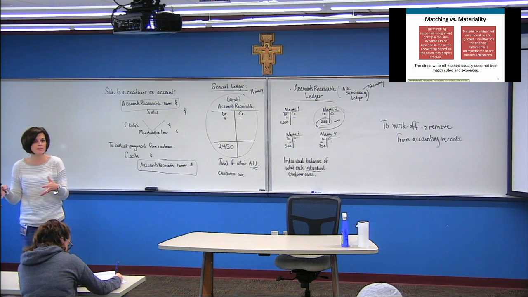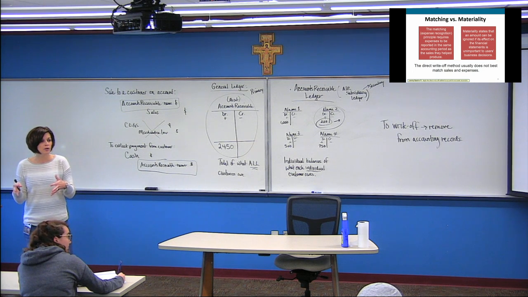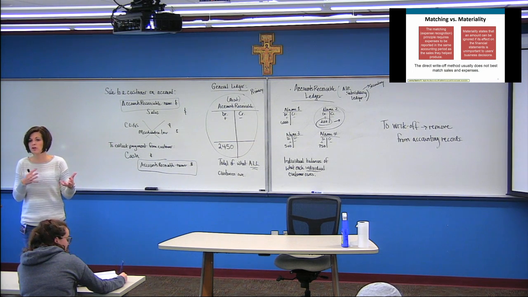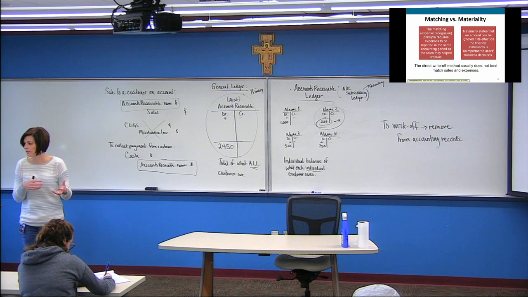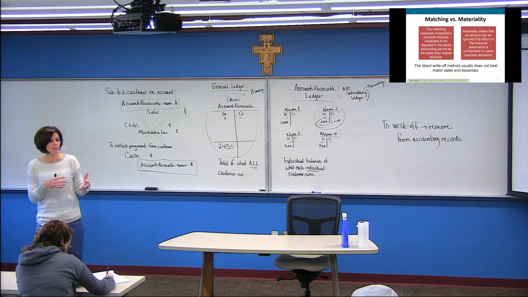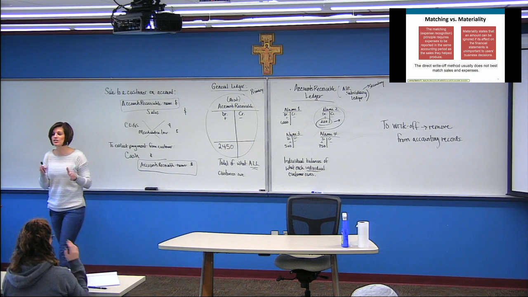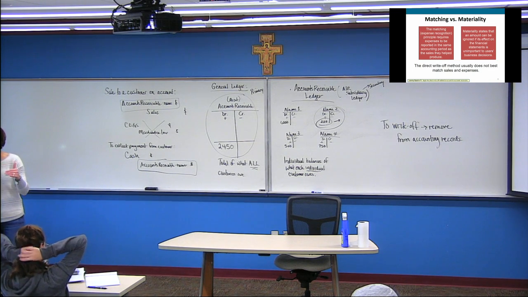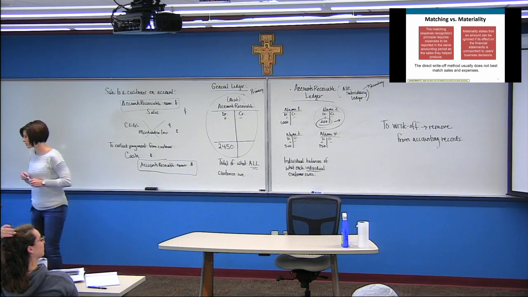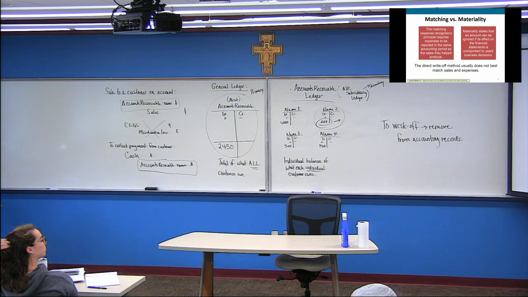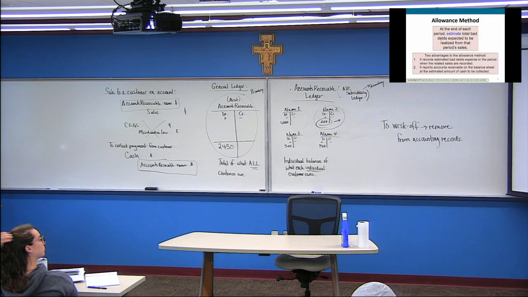See, it's not the same for everybody necessarily, right? You're a college student. Maybe if I asked you for $2, you'd say, heck no, I don't have $2, right? Again, materiality is not the same for everybody. But the allowance method is going to ensure that we're following both of those.